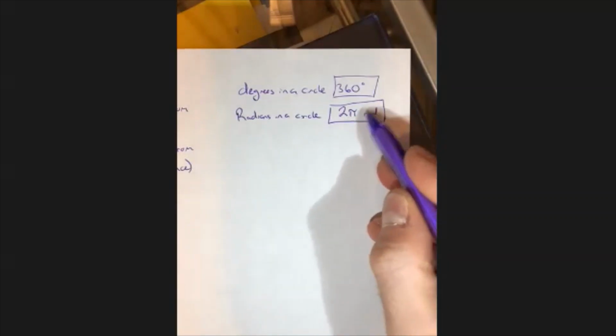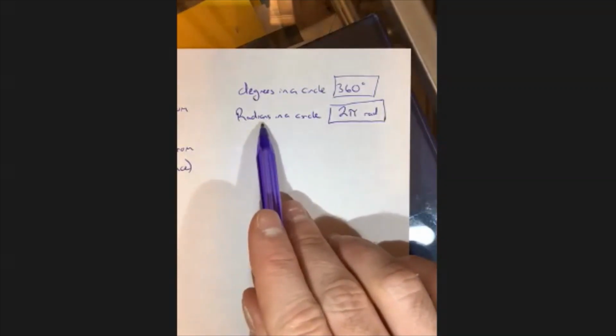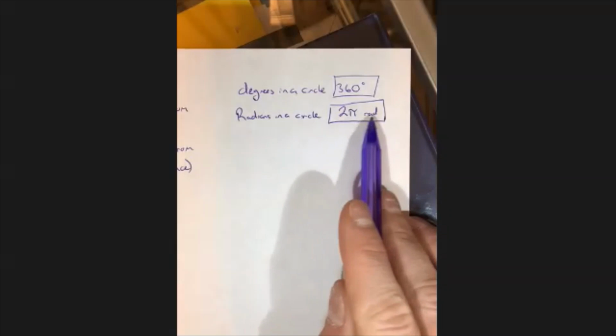And what we do is we say radians. Now, if it just says 2 pi and we don't actually have rad, we're assuming they're radians. From this point forward, most mathematicians use radians. Very few actually use degrees. If they do use degrees, they'll signify, hey, this is a degree. But if you get a number like 2, it's assumed to be a radian, because from this point forward, radians are the preferred unit of measurement.